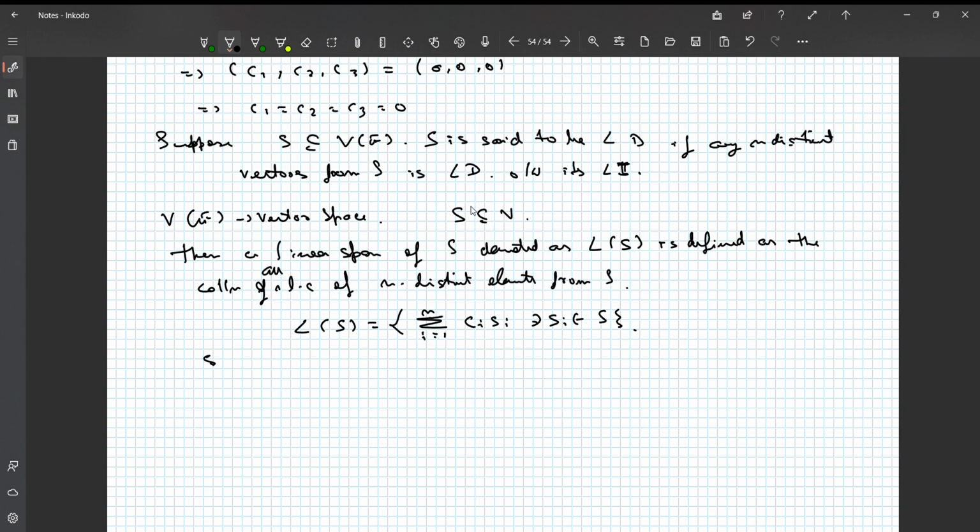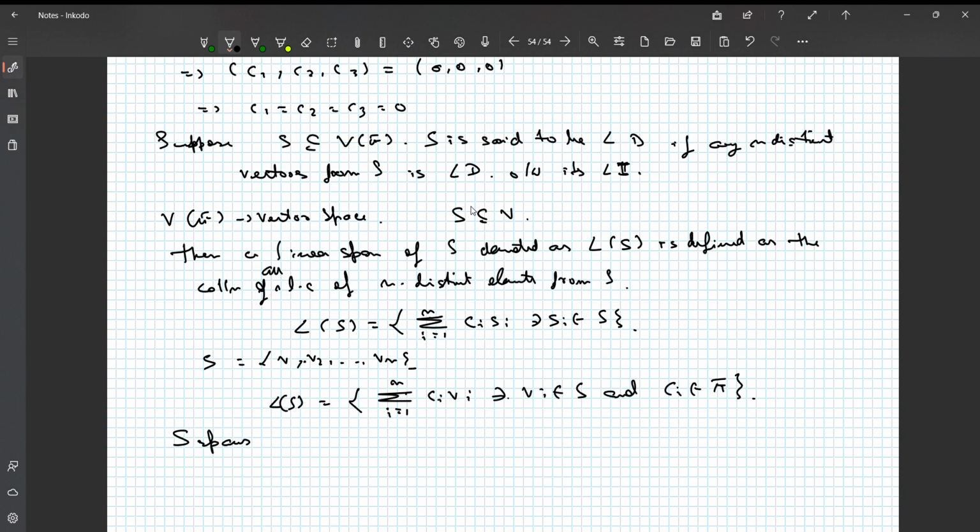Because if S is, say, the set of vectors v1, v2 till vn, then the linear combination is obviously of the same form. Okay, but it's much more intriguing. So it's the summation of ci vi, so that each vi is from S and each ci is from the underlying field. Clear?